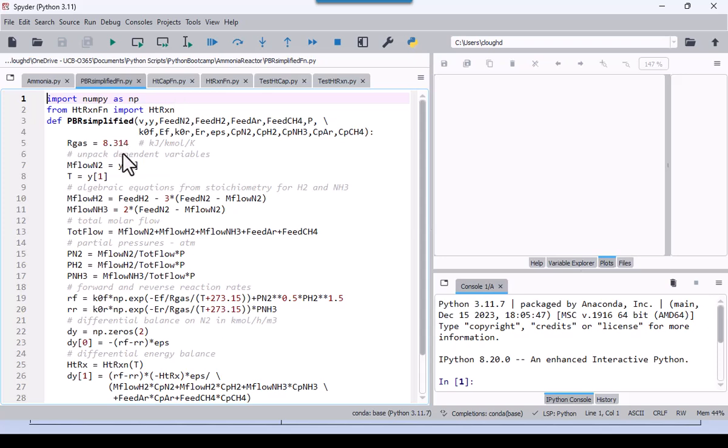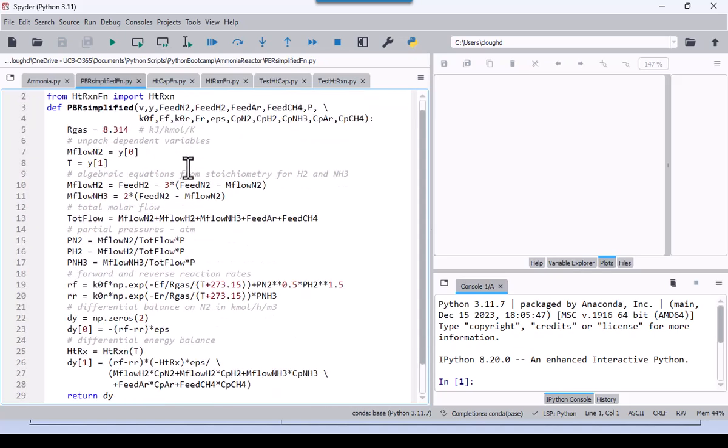And again, we come in and do our gas law constant. And then we extract the current values from the y vector of the flow of nitrogen and our temperature. And here what we're doing is we're following the information flow diagram that we described to you before.